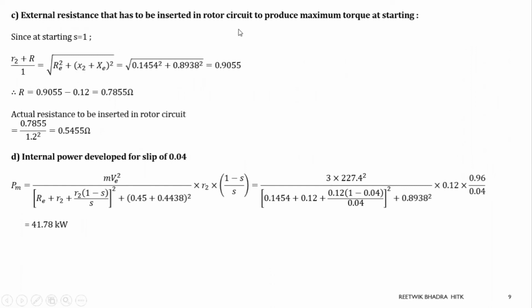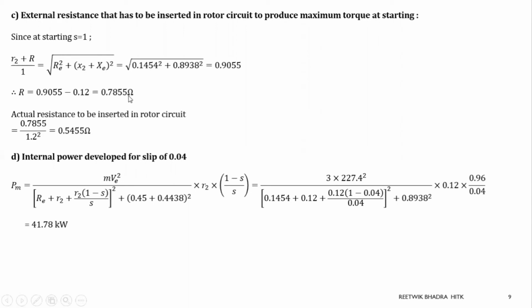SMT is replaced by 1 since we are talking about starting, and since we are adding external resistance in the rotor circuit, R2 will be changed to a value capital R. So again find this value, 0.9055 we will get, so R will be 0.9055 minus 0.12, that will give you 0.785.